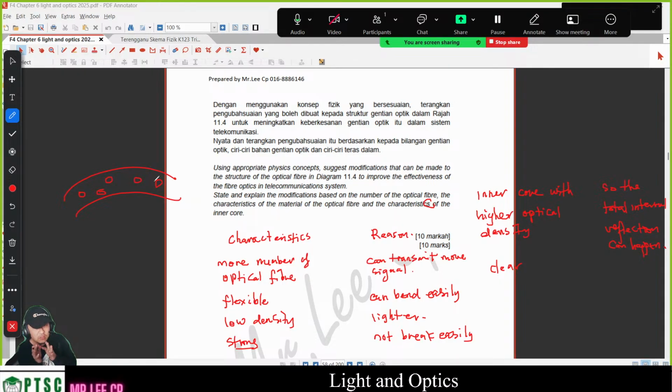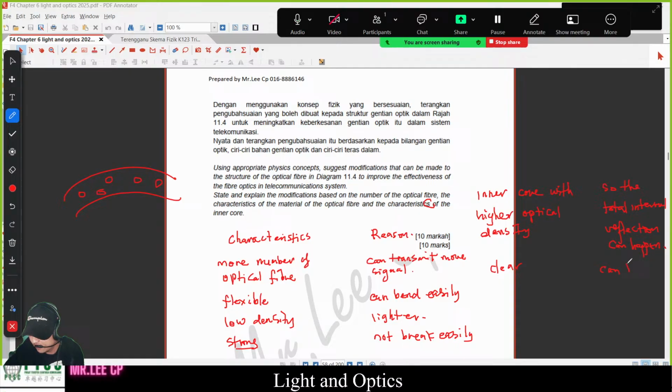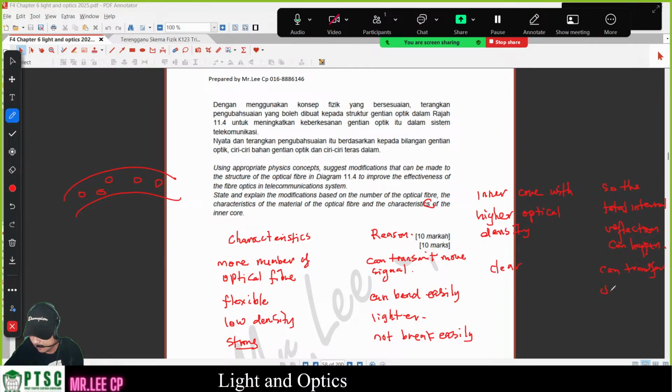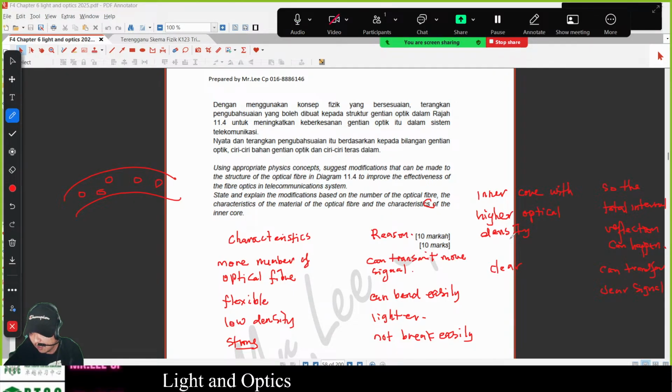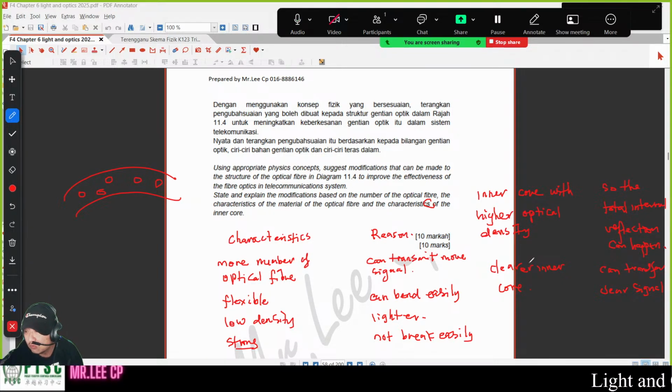So the signal will be blocked. So it can transfer a clearer signal. I mean a clear inner core, clearer signal. Okay, so I got 1, 2, 3, 4, 5, 6.